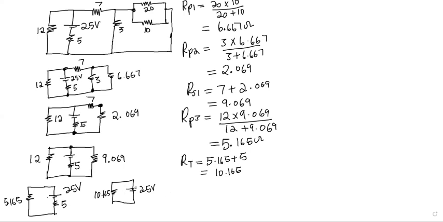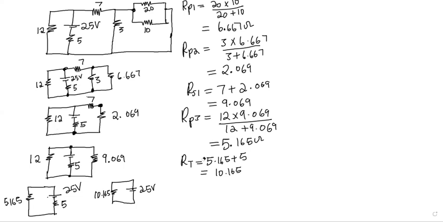I can calculate my total current. Remember, total current is total voltage divided by total resistance. So now I will need to clear this. Remember, the aim is to calculate current and voltage of each circuit diagram. So I will clear this for more space, since I recorded the values here.